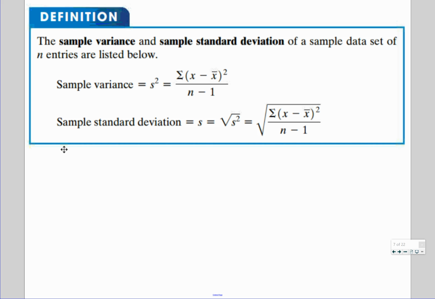They're the same definition as population. The only difference is you're calculating it for a sample. So you can just put the formula in there if you want. Okay, and then just like yesterday, the standard deviation is going to be the square root of the variance. So we usually calculate variance first, take the square root of that, and we get our sample standard deviation.